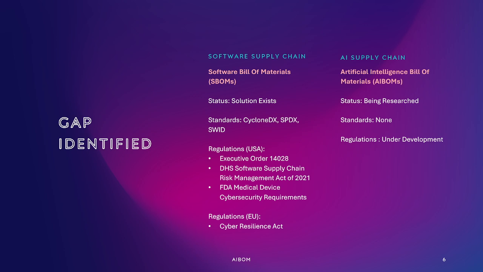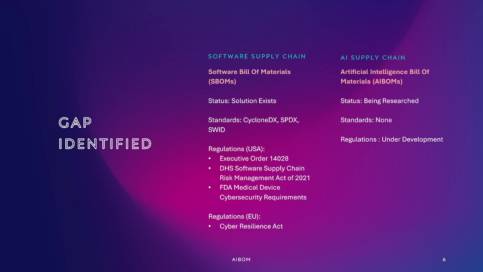So, the current status of the software supply chain is that there are solutions available where organizations can generate their software bill of materials, and there are standards developed as to the structure of the bill of materials and what criteria need to be involved in it, like CycloneDX, SPDX, and SWID. And there are mandated regulations by the USA and EU to govern the software bill of materials requirement.